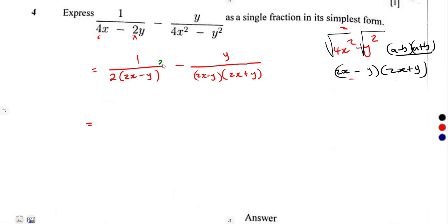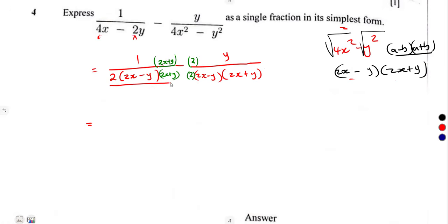So it's going to be 2x plus y over 2x plus y like this. So bring it this side. Then this side, we do not have the 2. So we are going to bring this 2 this side. So it is going to be simply 2 over 2.